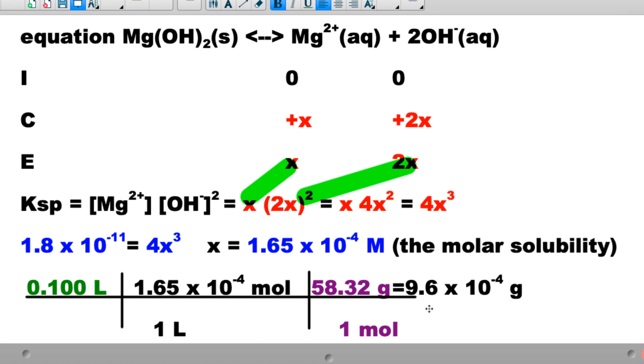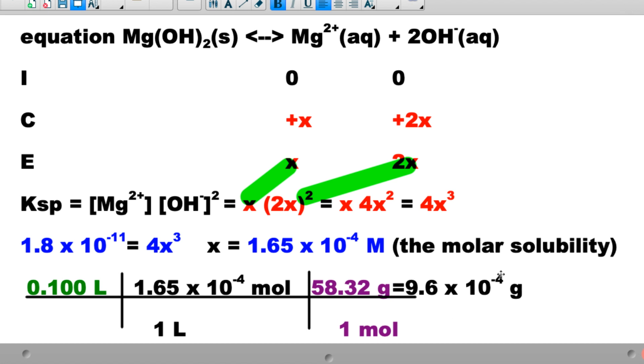Now here's the beautiful thing. Even if you messed up above, let's say you did 2x quantity squared is really 2x squared. You made a mistake. That's wrong. If down here you would solve for 2x cubed, a lot of times on the AP exam, when you plug in a wrong number from up above and you use it because you think it's right, you can still get a point.